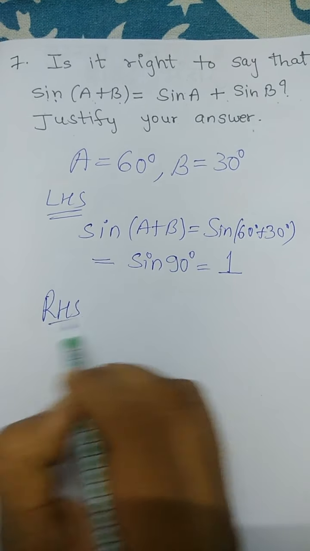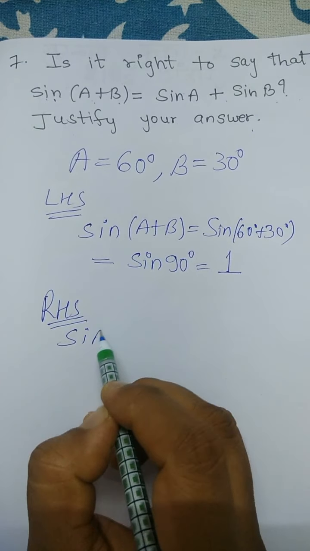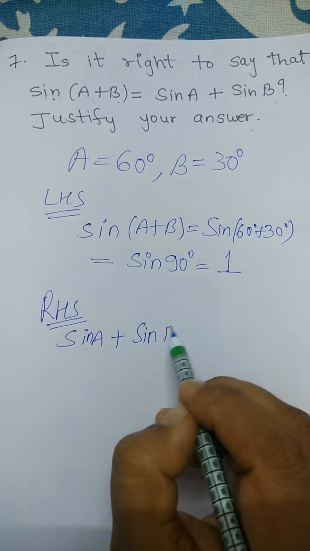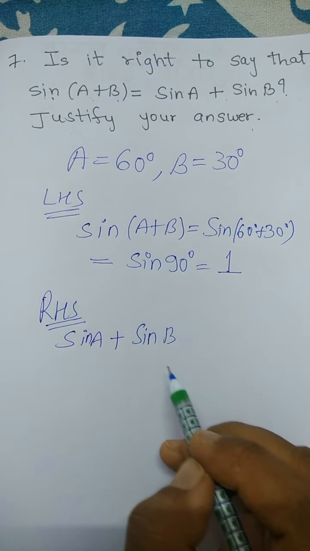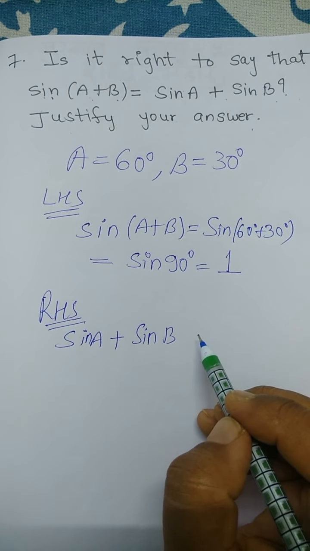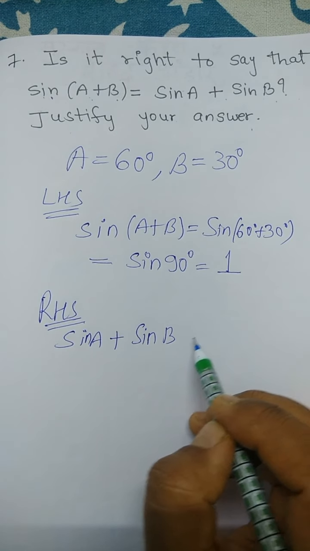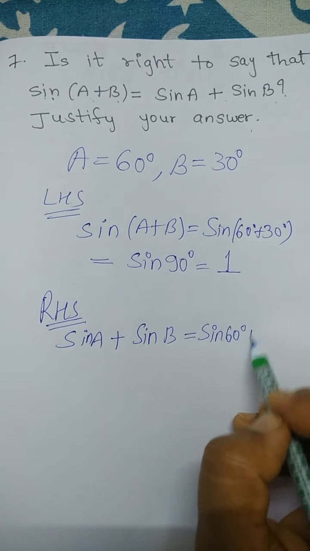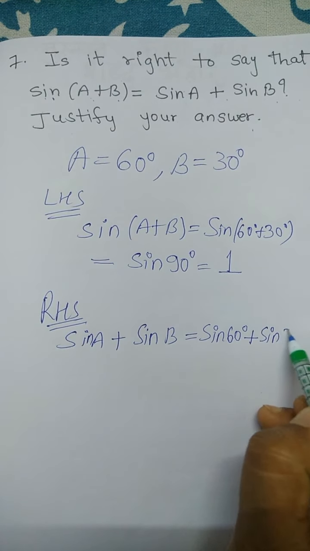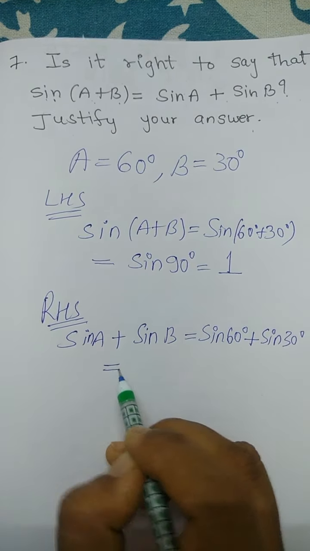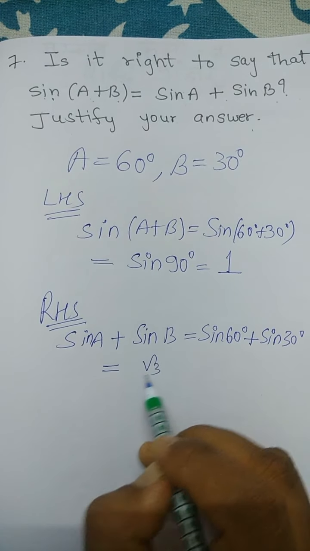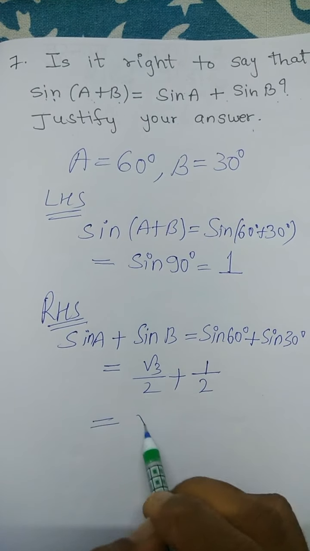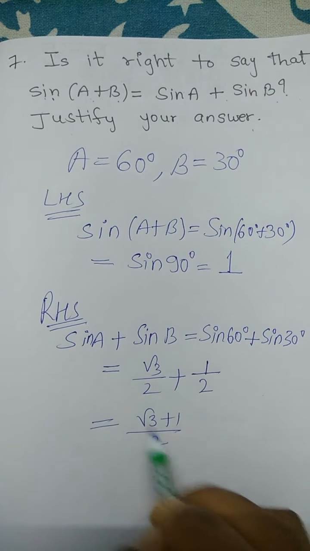Right hand side, sin A plus sin B. Now sin A means sin 60 degrees plus sin 30 degrees. Sin 60 degrees is root 3 by 2 plus sin 30 degrees is 1 by 2. You will get (root 3 plus 1) upon 2.